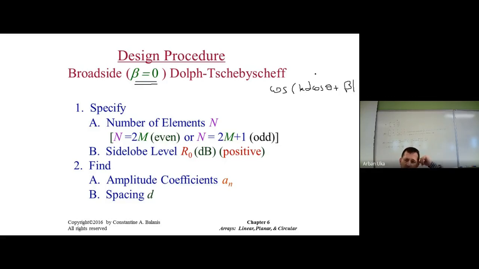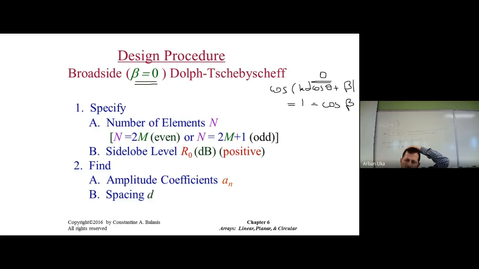which means that for a broadside antenna, if you want the maximum highest intensity, theta is pi over 2, and cosine pi over 2 is equal to 0. That means this is 0 plus beta. Cosine beta, we want maximum distribution, so cosine beta should be equal to 1.